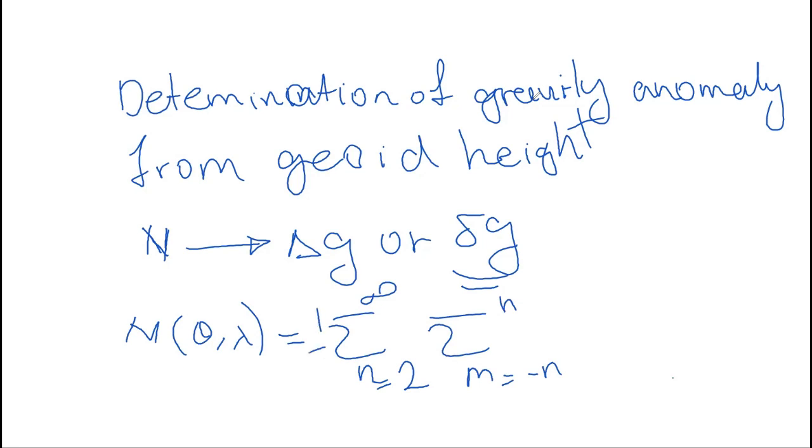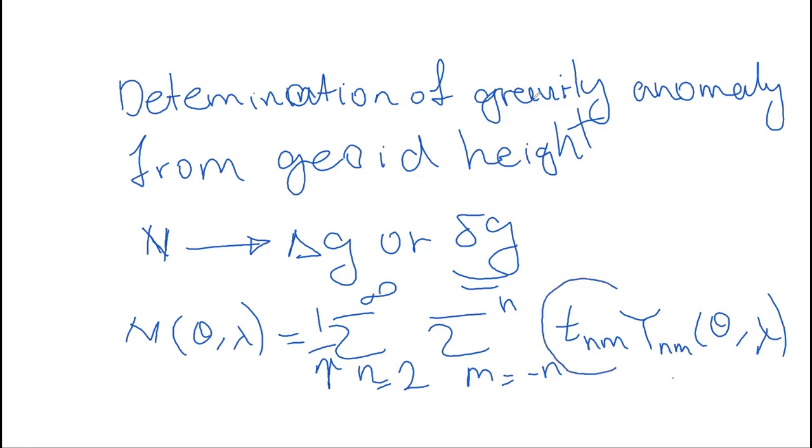Then we have 1 over gamma based on Bruns' formula, and we have spherical harmonic coefficients of the disturbing potential, and this is the spherical harmonic series. So what is the point? The point is that we should find T_nm and insert the spherical harmonic T_nm, but the T_nm which is derived from gravity anomaly. How do we do that?